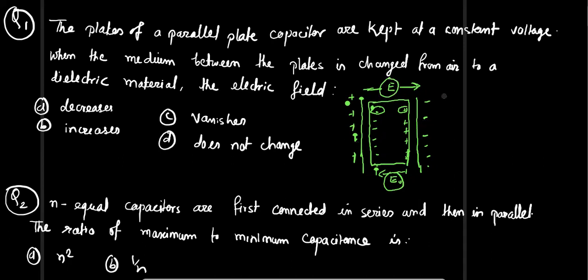So the net electric field will be E minus E naught. That means the original electric field is reduced when we insert a dielectric medium between a parallel plate capacitor. So the correct answer is decrease. Okay, so this is all about the first question.